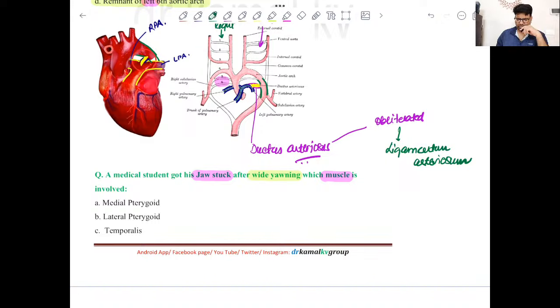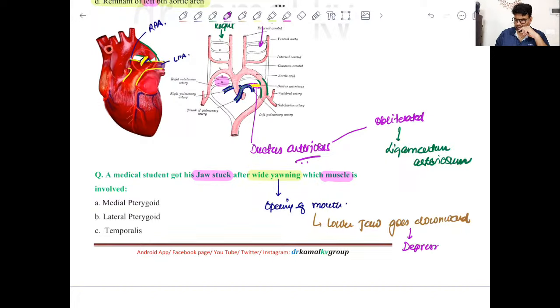Now this is a simple concept. Yawning means opening of the mouth, and we have already discussed that whenever there is opening of the mouth, it is only the lower jaw which actually moves. The upper jaw is fixed, so the lower jaw goes downward, and when it goes downward, we use the term depression.